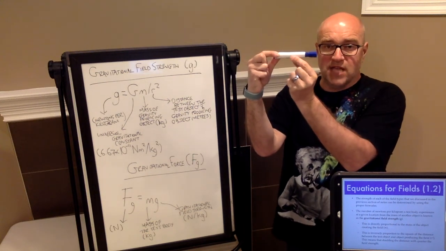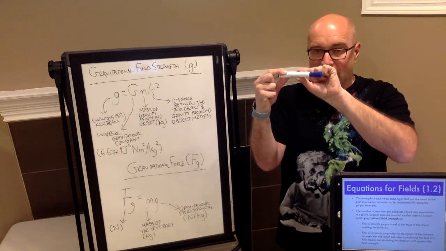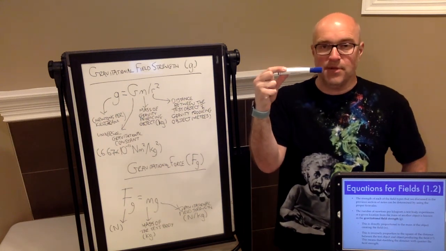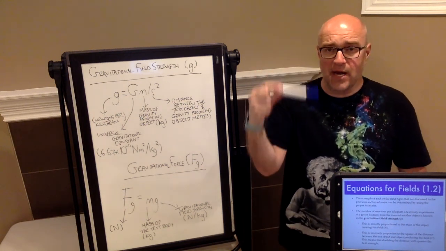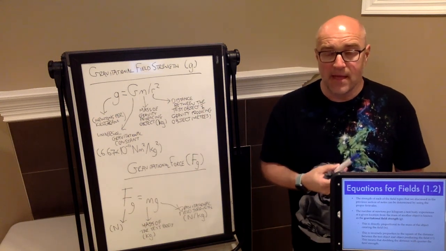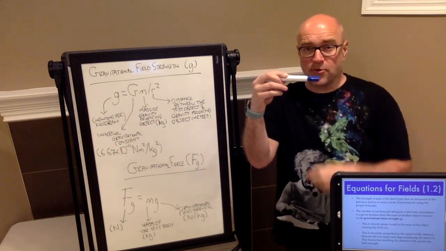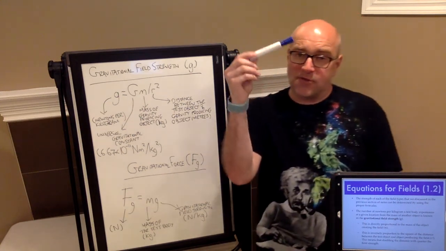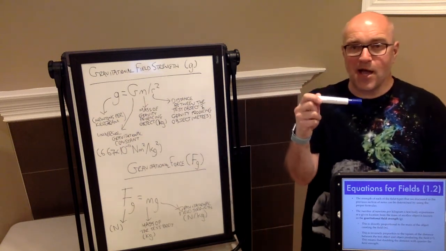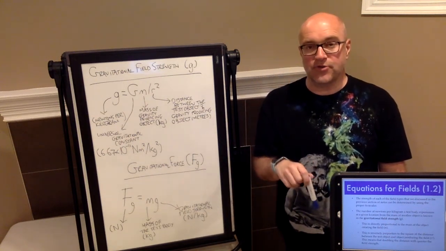How much gravitational field strength is being exerted on this pen from the Earth that's directly below me? This would be the test body. The Earth would be the object exerting the gravity, because it's got much larger mass. Remember, the pen is also going to exert gravity on the Earth, but because it's so much smaller, it's not going to have anywhere near the gravitational field strength that the Earth does directly below it.